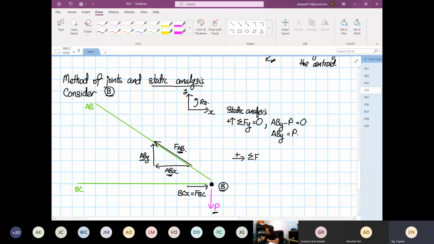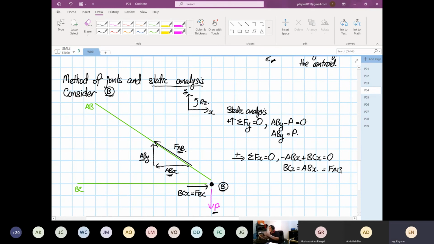Summation of forces in the X direction is equal to 0. So you have minus ABX plus BCX is equal to 0. So BCX is equal to what? ABX. Okay, so this is also equal to your FAB.